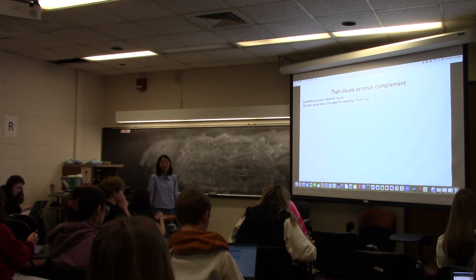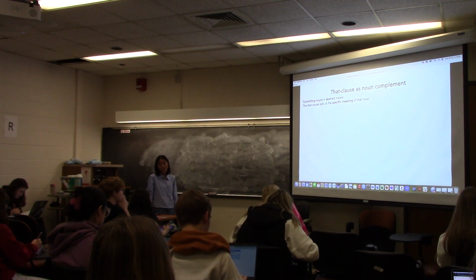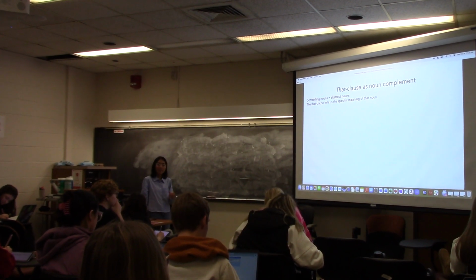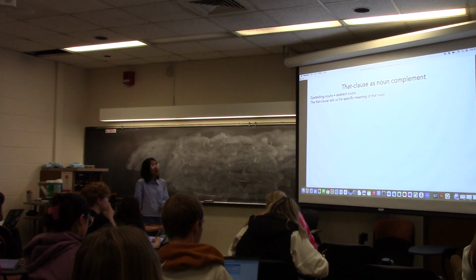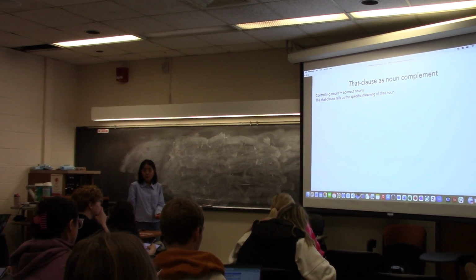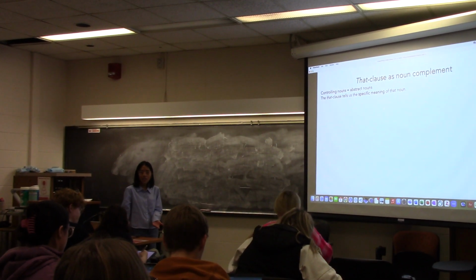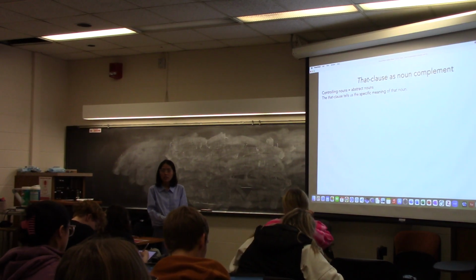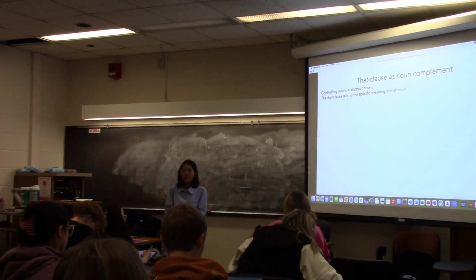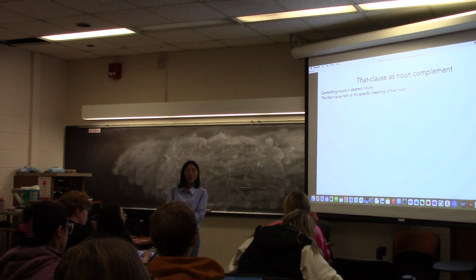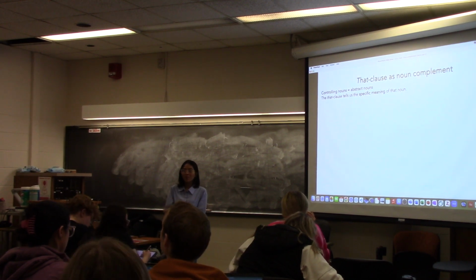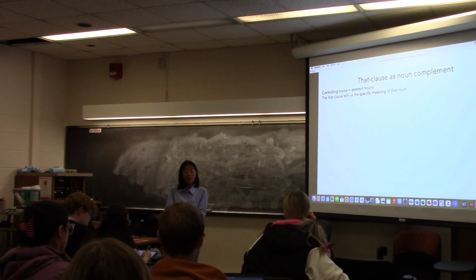It's very interesting when we talk about nouns, because the controlling nouns for the that clause are almost always abstract nouns. Can anybody give me examples of abstract nouns? What is an abstract noun, Rachel? Like faith. Okay, faith.